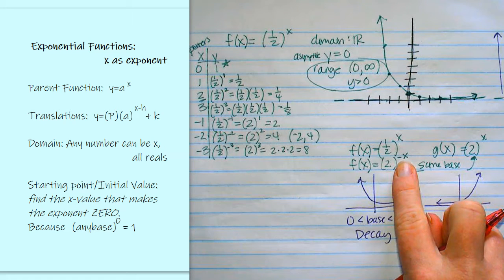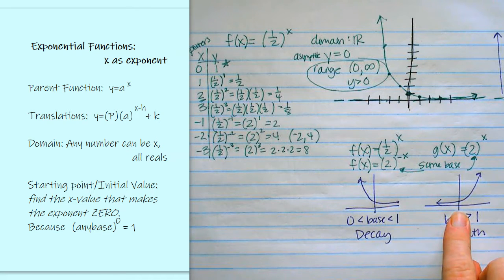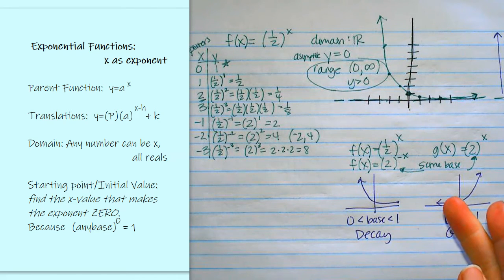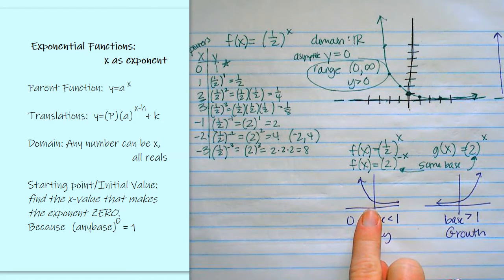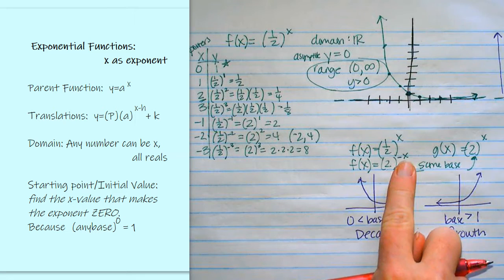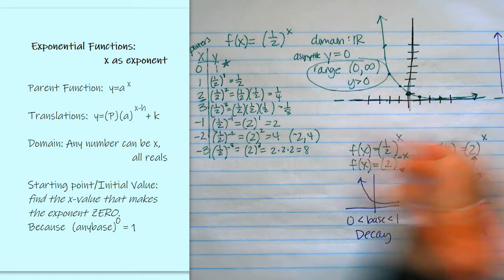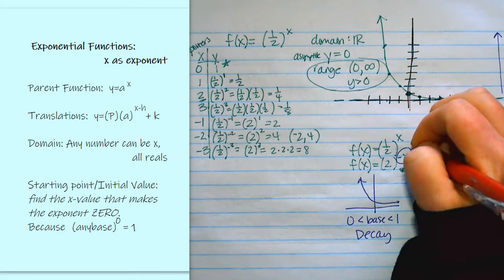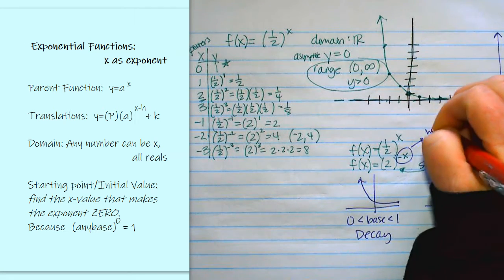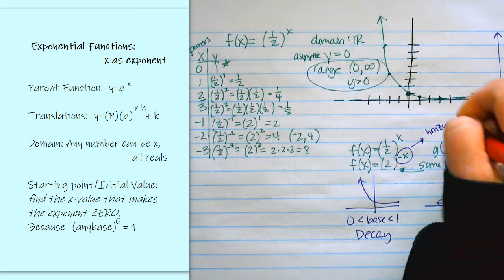The negative is a horizontal flip. So this was the first one we graphed earlier in the lesson, and if you take it and flip it over this way, then you get this graph. And so this represents a horizontal translation.